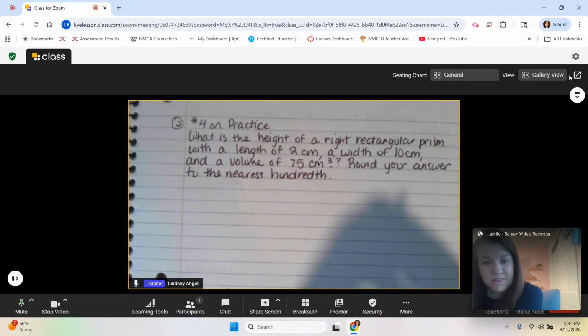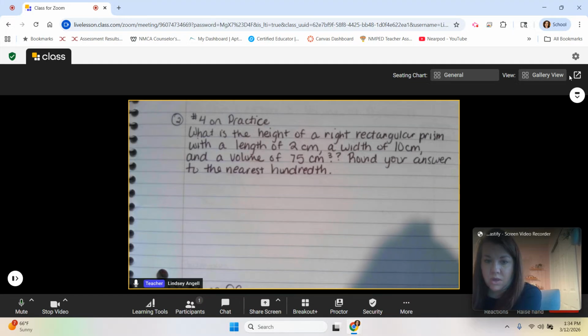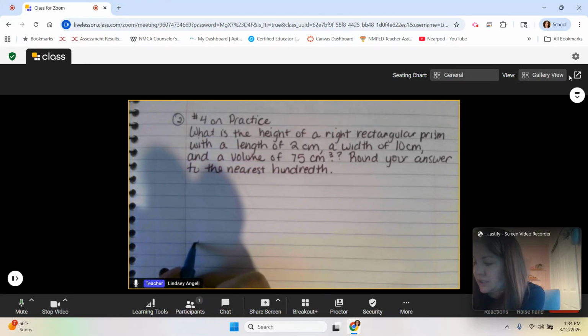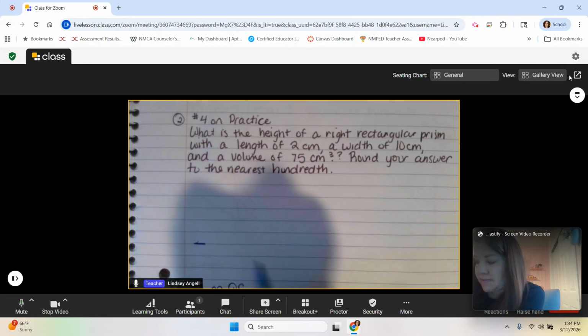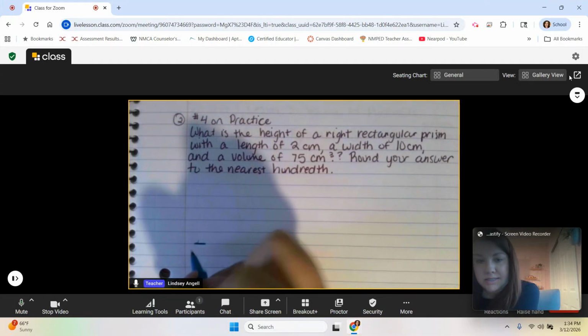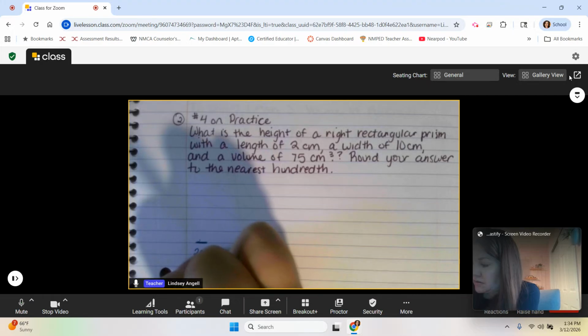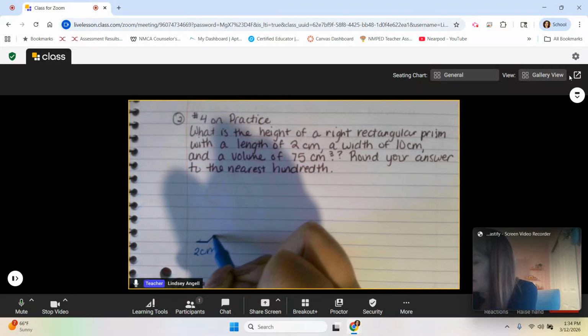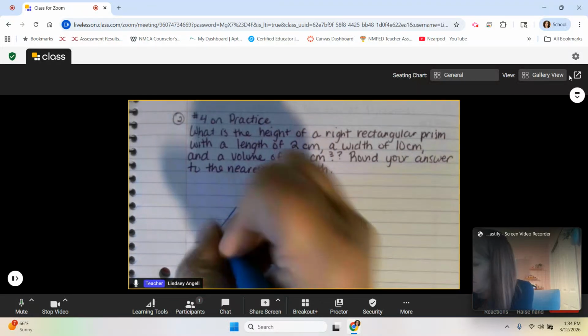Okay, so with this one, let's see here. We were given a length of 2, that's just like a little guy. That's 2 centimeters. And then it said a width of 10, so that's really long.